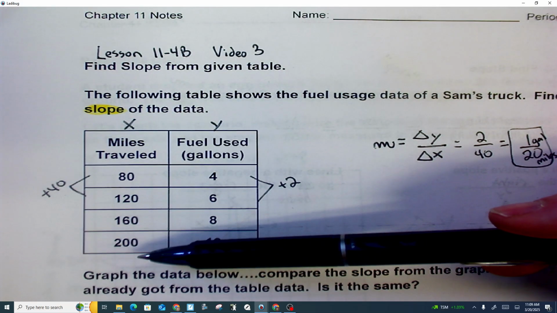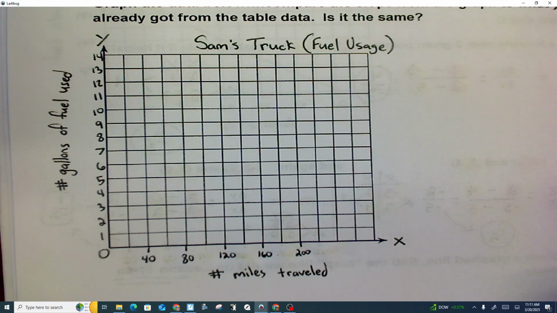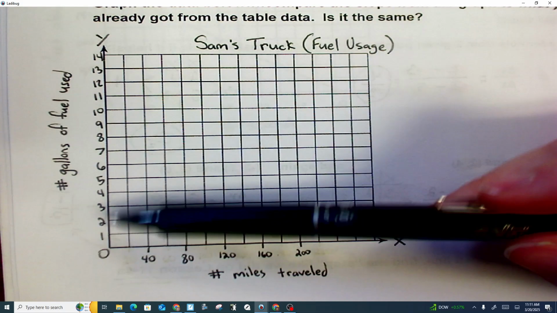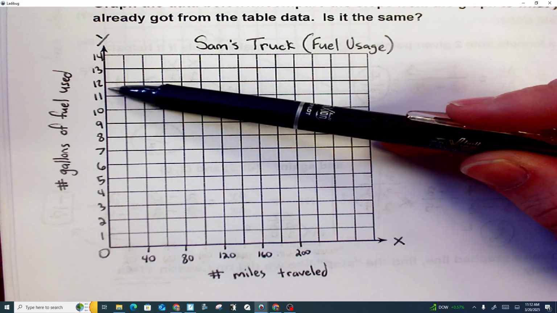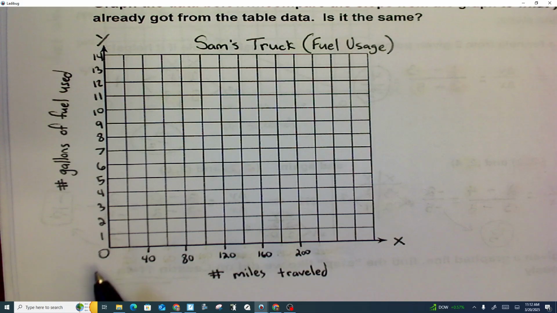So if I had 10 spots, I could get 200 miles on it. Now, I noticed that it's starting to look a little crowded over here, putting every single number in. So instead of going 0 and calling this one 20, I just left 20 out, called this one 40, left 60 out. And you can see I actually had them in there, so I erased them. And this makes it look just a little bit better.